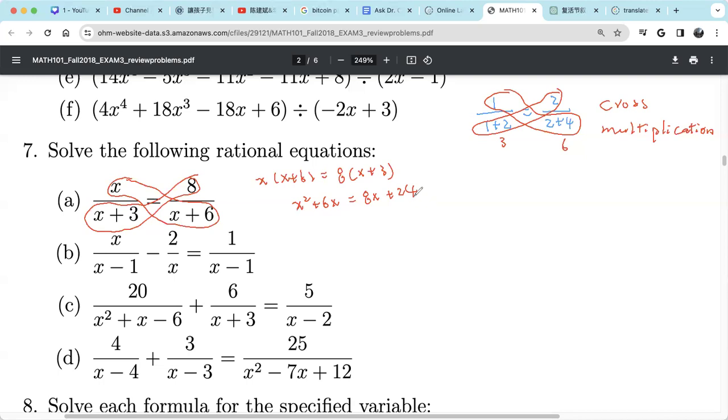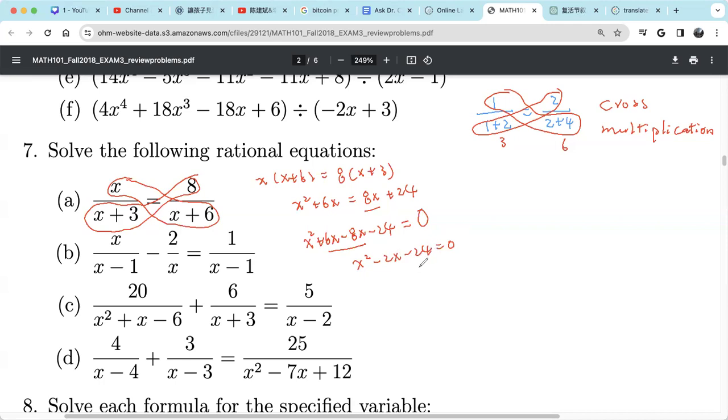For a quadratic equation we move everything to the left-hand side and leave the right-hand side as 0. So x squared plus 6x, move ax to the other side, it becomes negative. Move 24 to the other side, it becomes negative. 6x minus ax, like terms, combine to be negative 2x minus 24 equals 0.